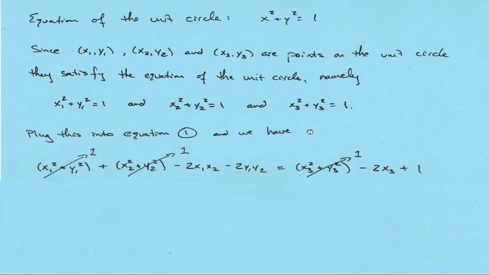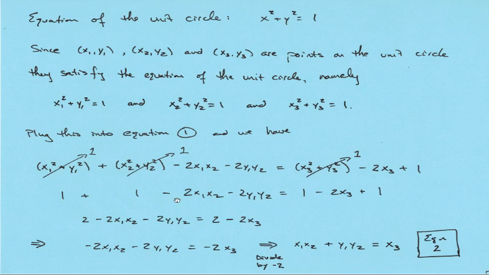If we take those expressions and plug them into the equation that we just had, we see that our first grouping of x sub 1 squared plus y sub 1 squared goes to 1. X sub 2 squared plus y sub 2 squared gives us 1. And x sub 3 squared plus y sub 3 squared gives us 1.